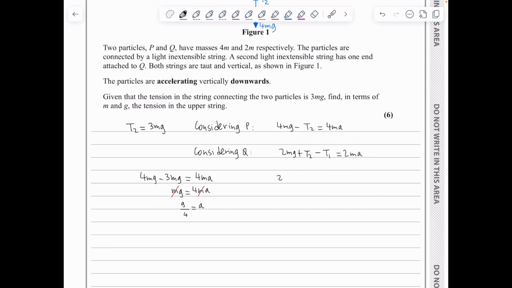So we're looking at 2mg plus the tension T2, which is 3mg, minus T1 being equal to 2m times the acceleration of g over 4. This takes me to 5mg minus T1 being equal to mg over 2, and therefore 9mg over 2 is the tension T1. It's the tension in the upper string.